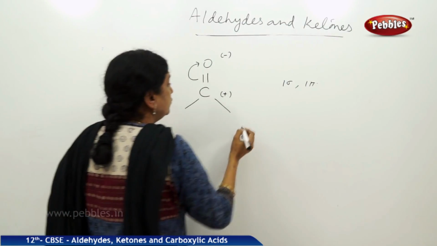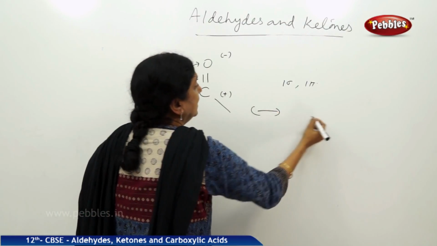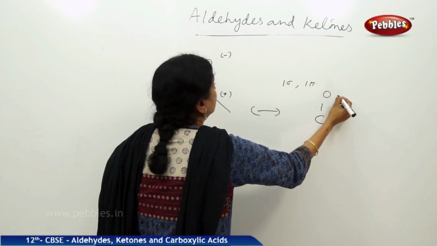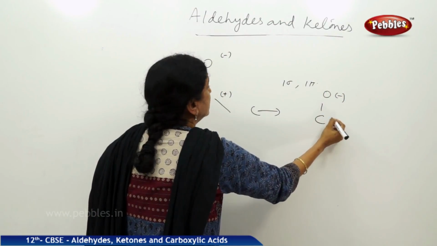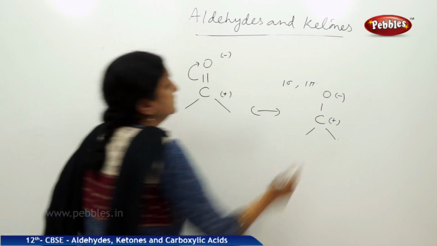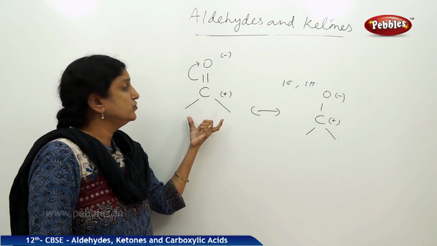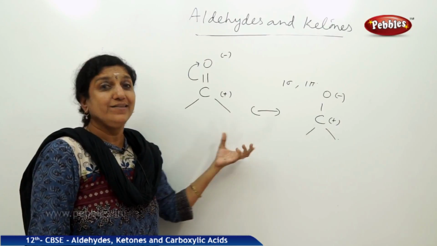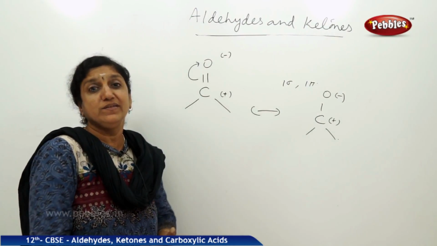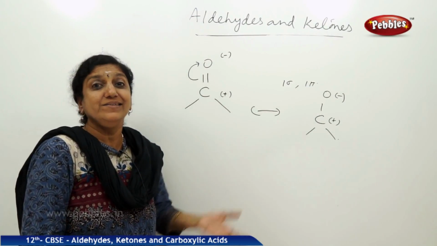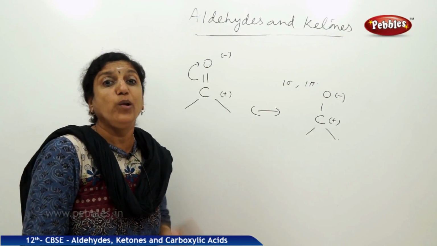So you can show the resonance over here as C O minus and plus with the 2 valencies. So this resonance in the structure of the carbonyl group results in the polarity of these compounds. So aldehydes and ketones are found to be polar in nature.